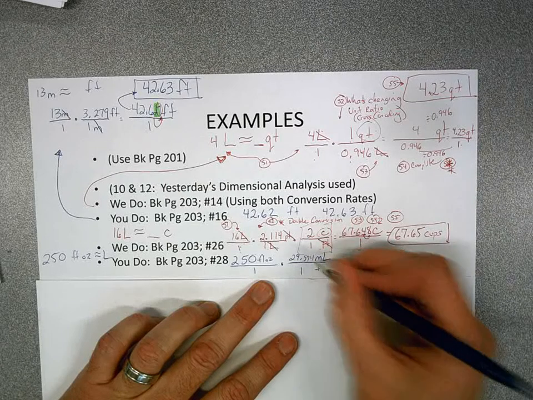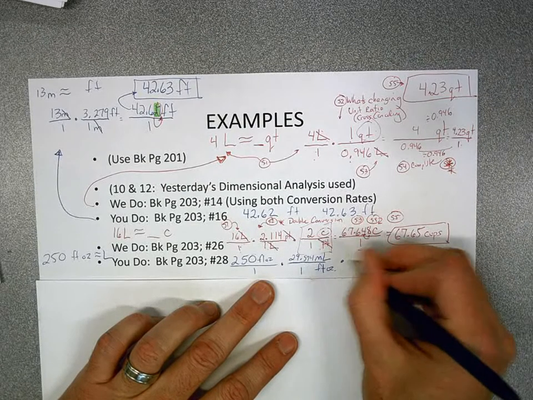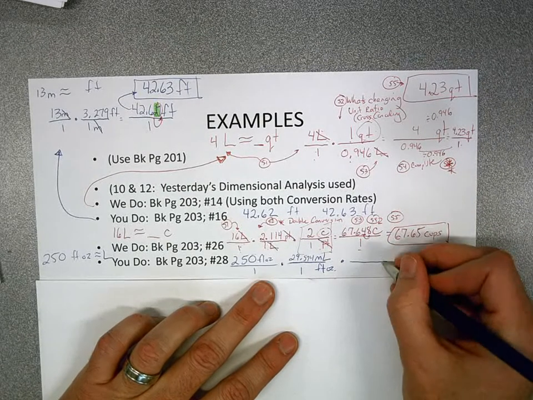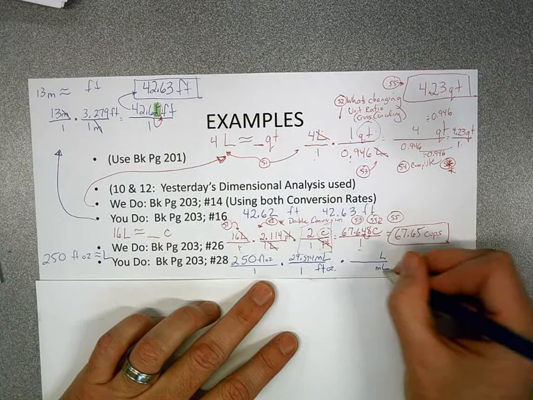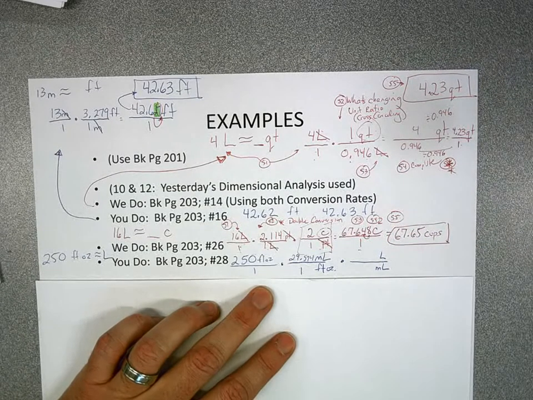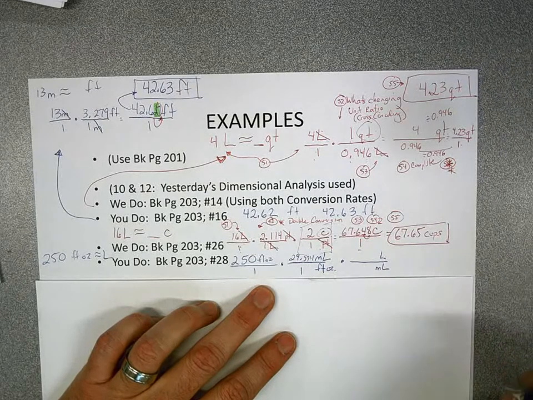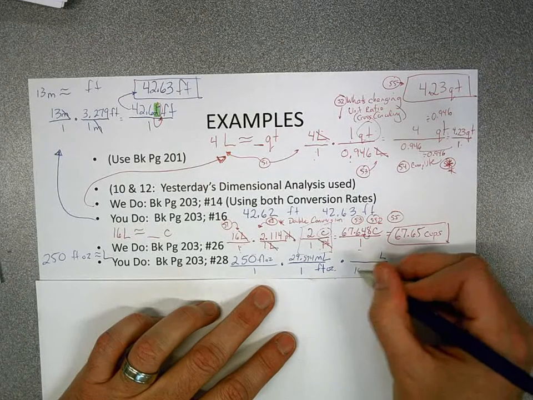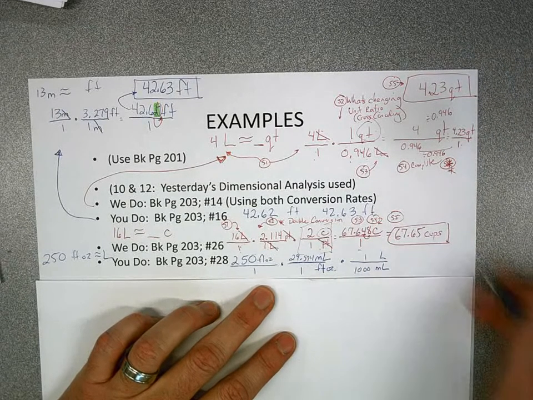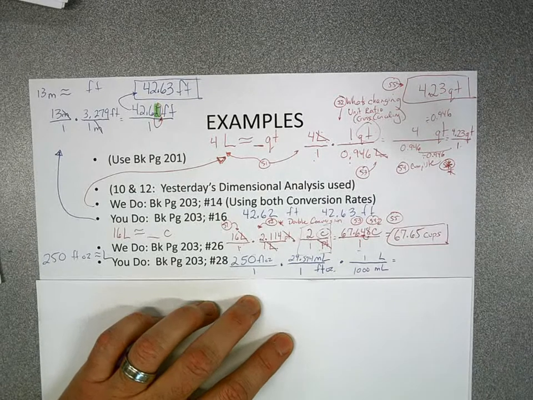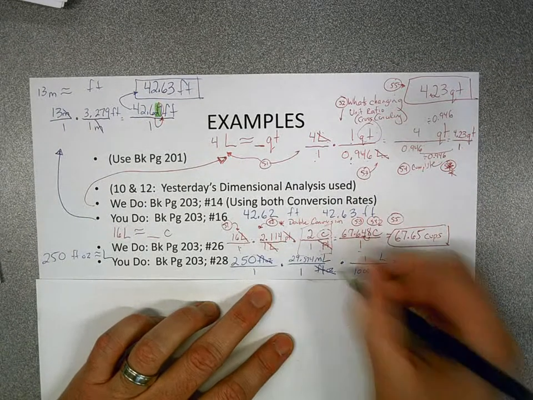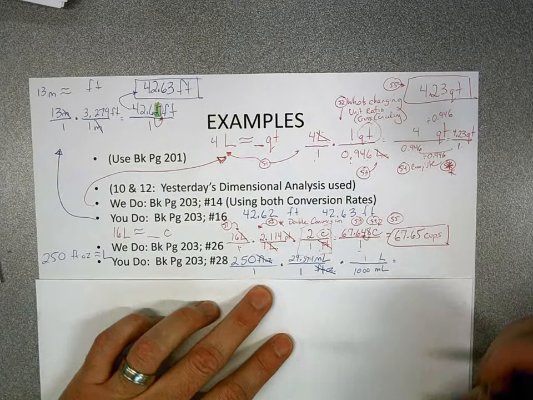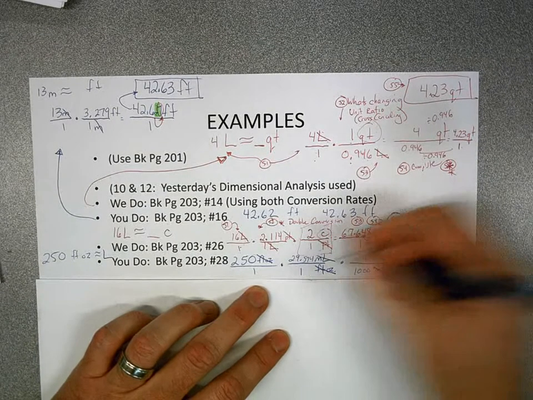Now my goal, right, is to get to liters. So I need to convert milliliters to liters. Do we know how many milliliters are in 1 liter? 1,000. So I'm going to cross cancel my fluid ounces and my milliliters. What's left is my liters on top.